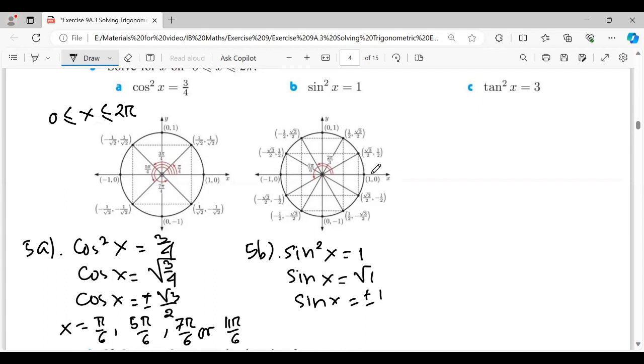Sine x, the second number, sine x is plus 1 and minus 1. So x equals half pi, or 9/6, 3 half pi.